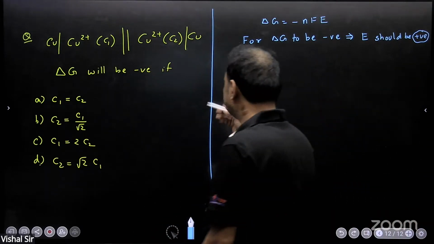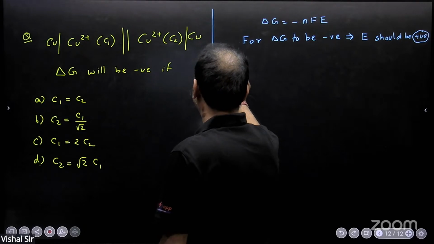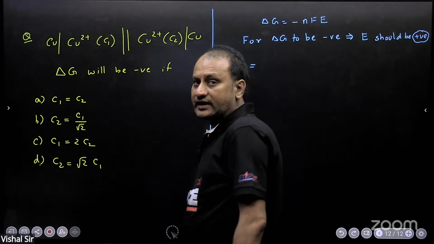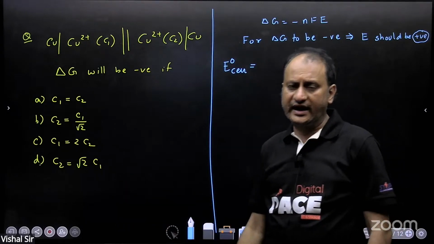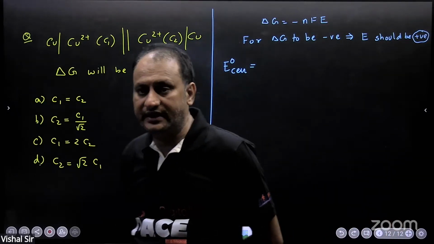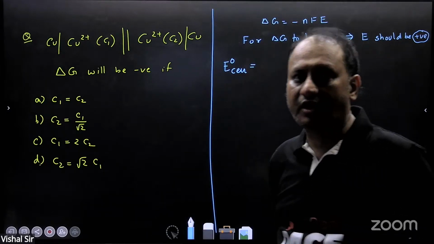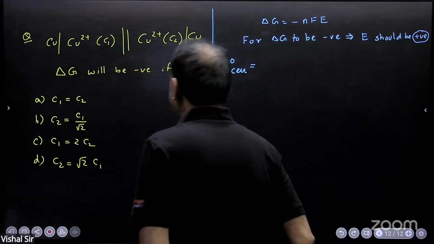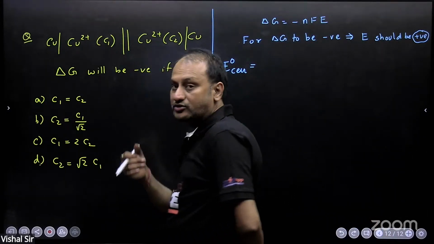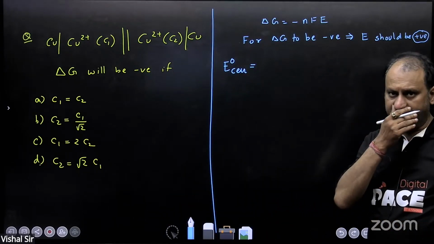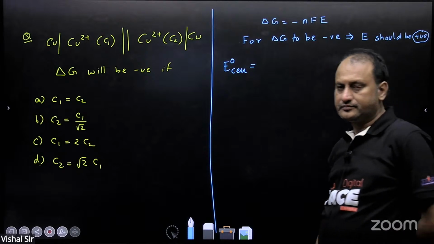Let's write E naught cell first. Here you can see on cathode side as well as anode side, both sides the half cell used is copper half cell, correct? Such a special cell is also known as concentration cell when both half cells used are same.